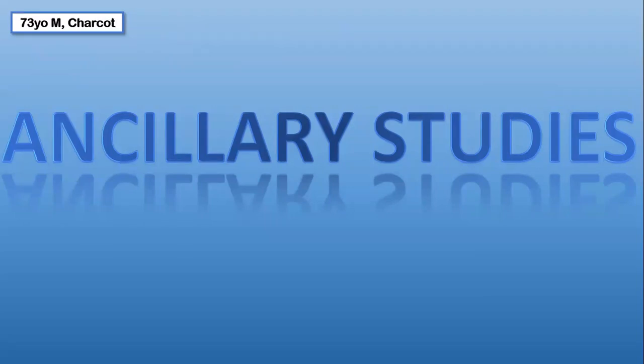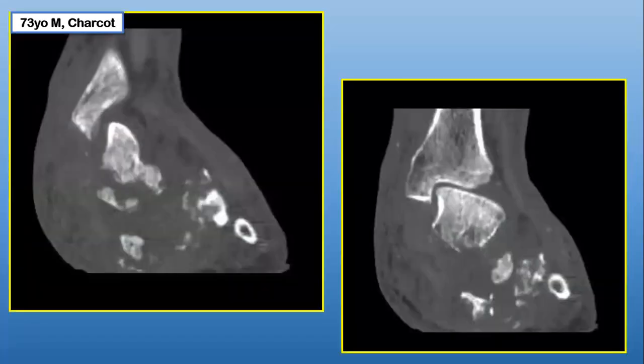MRI would probably be best at this point, just so we could differentiate between any areas where it was just Charcot or just infection, or what was going on exactly. And then what other options would you want? You could also get a CT if you just wanted to see about the bones. Then you could do a bone scan as well. Good. That's good. So how about we have somebody go through the CT scan that we got for this patient.